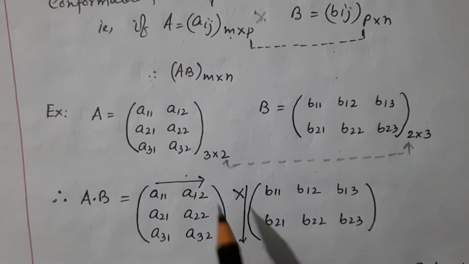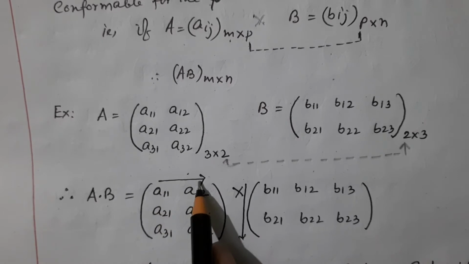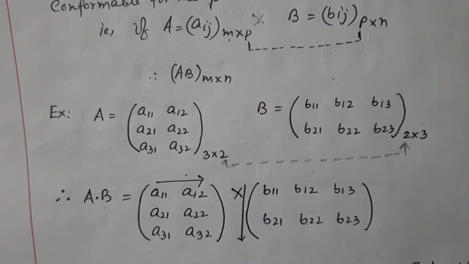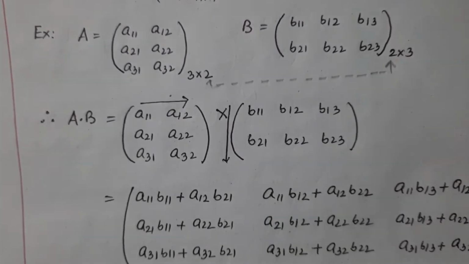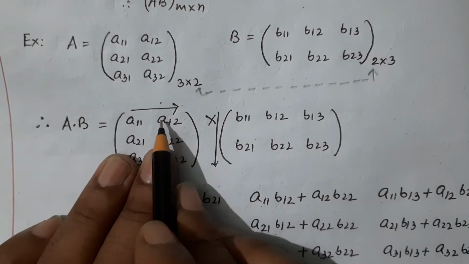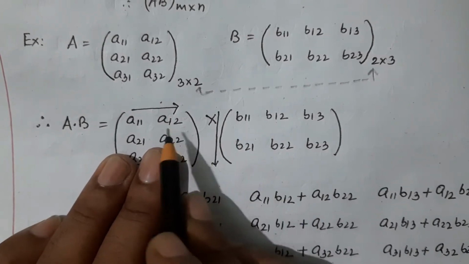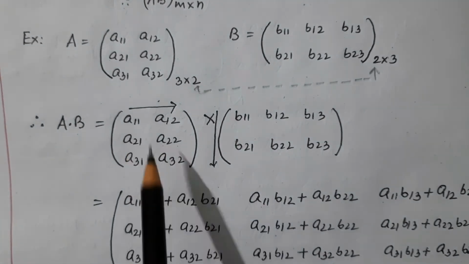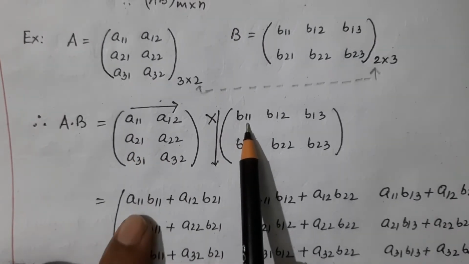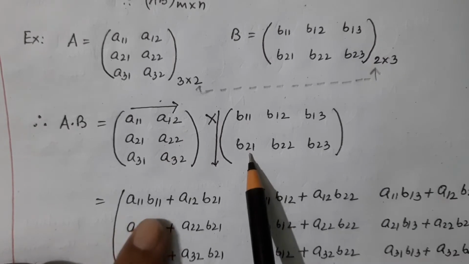We multiply the first matrix's row with the second matrix's column, multiplying corresponding elements. There is a process. With the first row fixed, the first row multiplied with the first column, corresponding elements, gives A11 B11 plus A12 B21.